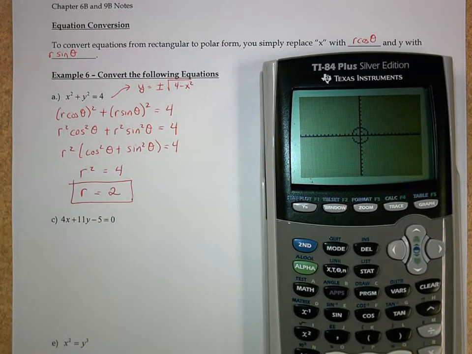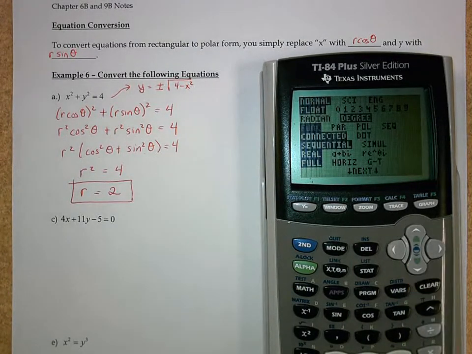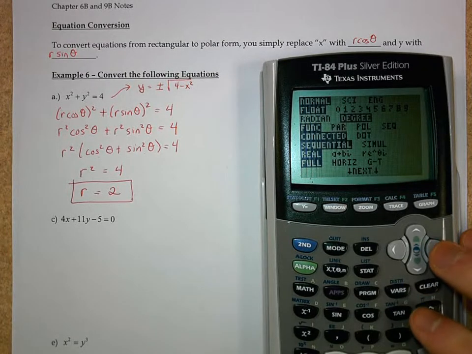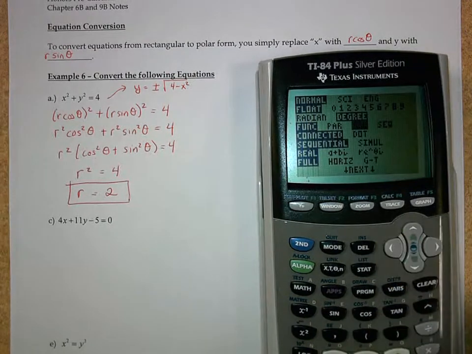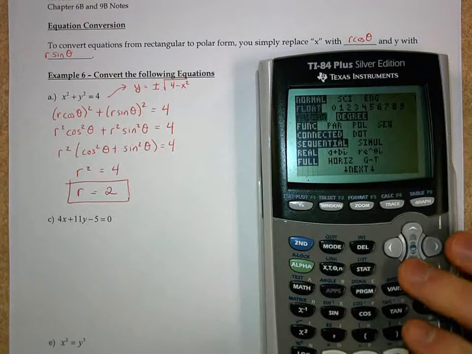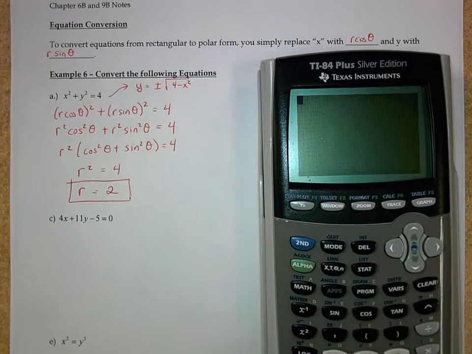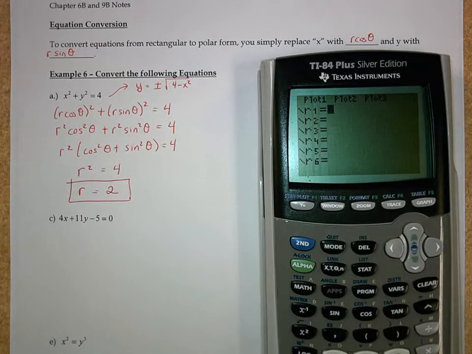But if I wanted to graph that in polar coordinates, I've got to change my mode. In the mode menu we can see option number 4: functional, parametric, polar, or sequential. We're going to choose polar. There's polar. And now if I go to y equals, I see my y's are now r's.